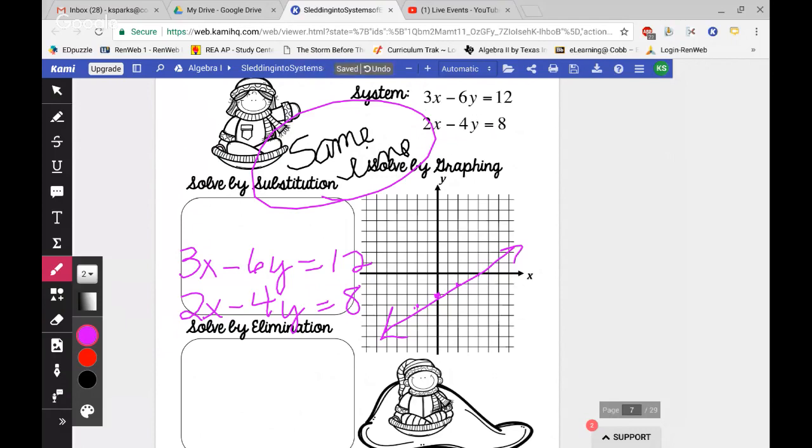What you're going to have to do is figure out what can I multiply these by to get them to have the same coefficient on each of them. And this time you're going to have to multiply both equations by something. So how could I multiply these equations to eliminate one of the two variables? Multiply the top one by 2 and the bottom one by 3. Good job. Absolutely.